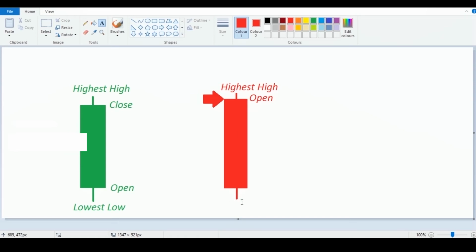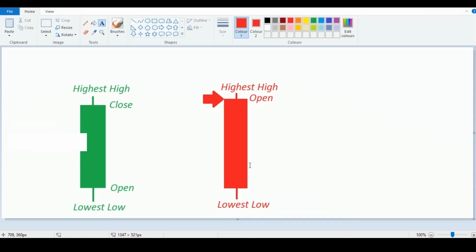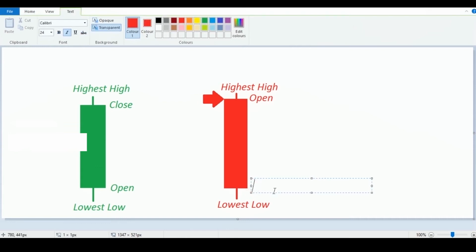Now once it reaches the bottom, it turns around and goes back. So this point at the bottom here is your lowest low. It is the lowest point price has been to within that 1 minute. And as price is moving up, 60 seconds is up, so your candlestick closes.